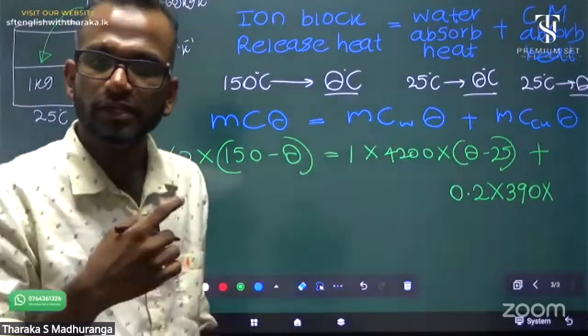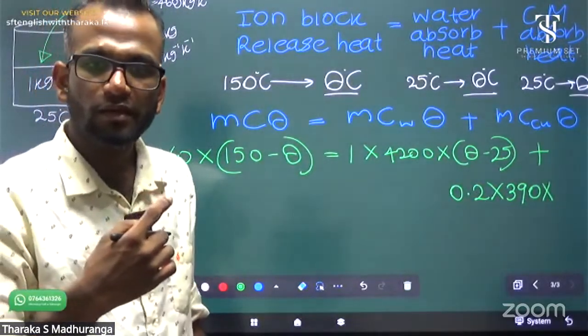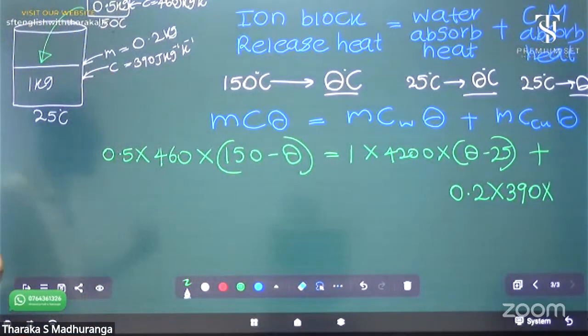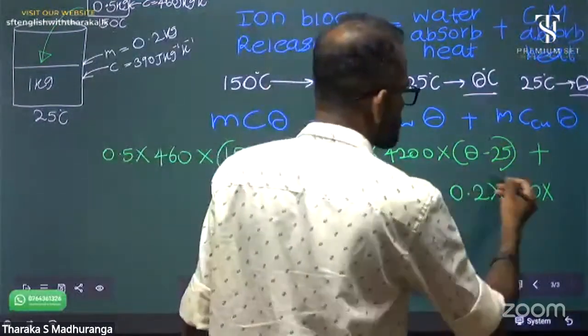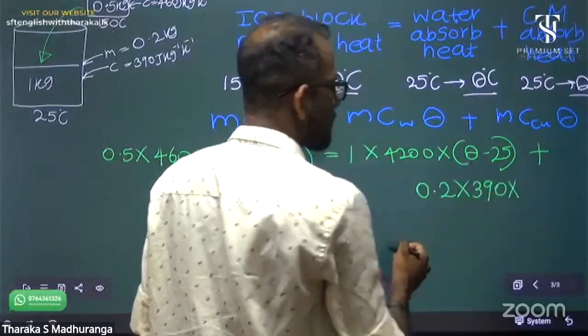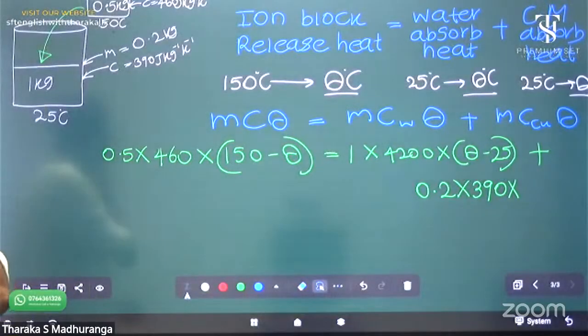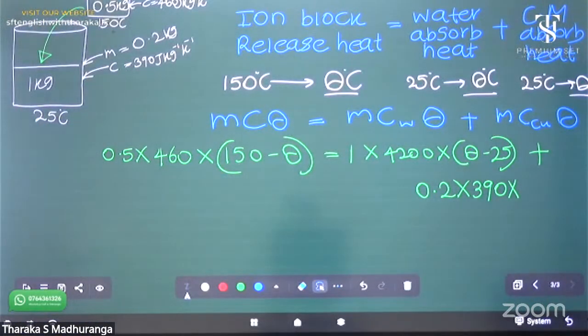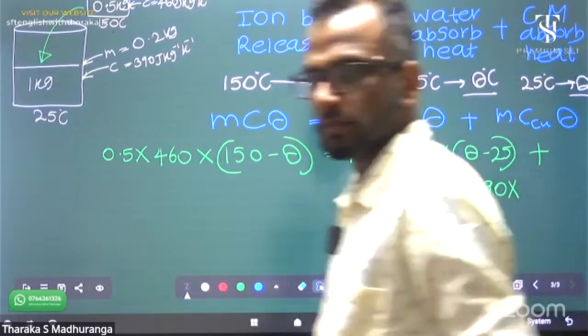Temperature difference of the calorimeter? Yes, very good.